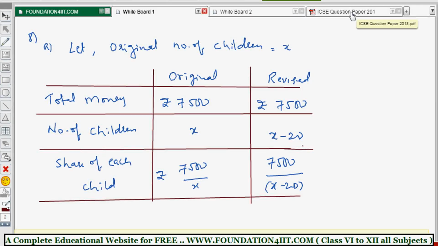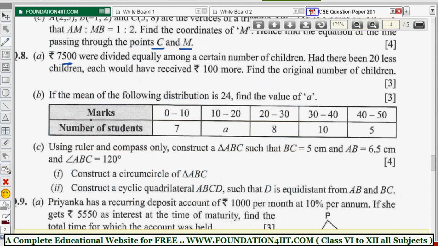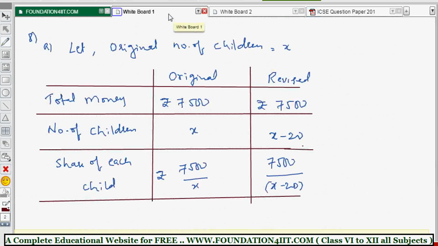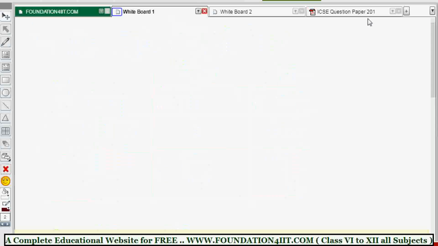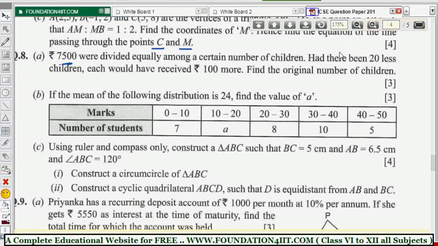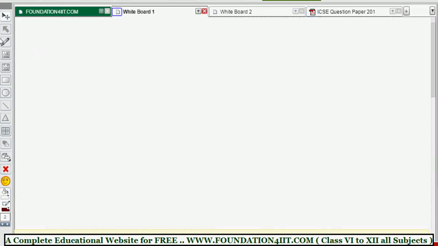Now see this next. If the mean of the following distribution is 24, find the value of a. So this is from statistics. To solve this question, the mean of the following distribution is 24, so the mean value is given. So you apply the mean formula. We take this given data first.